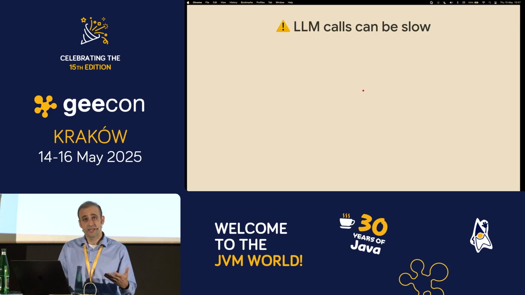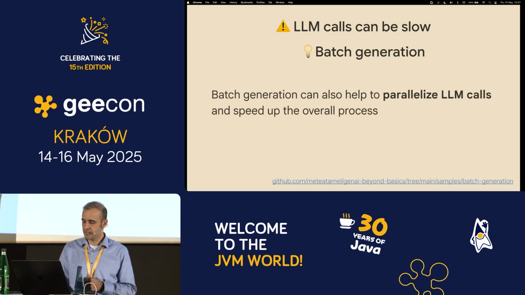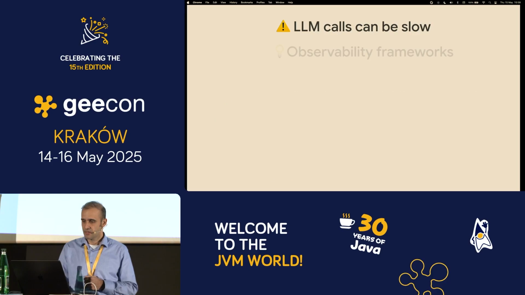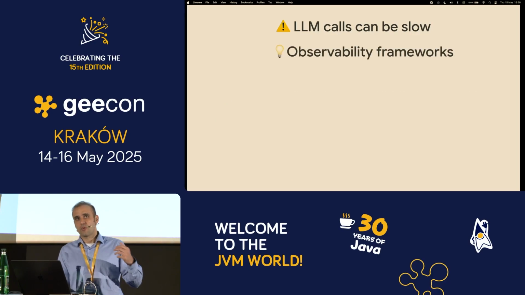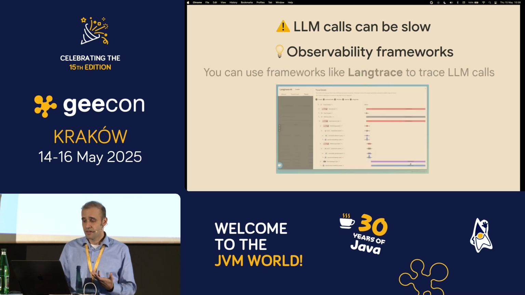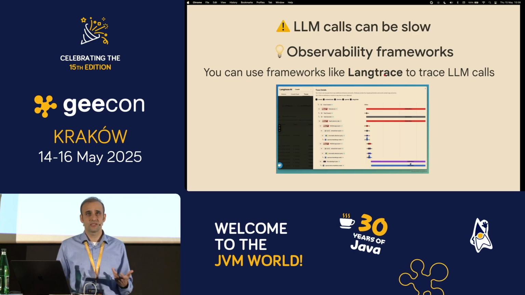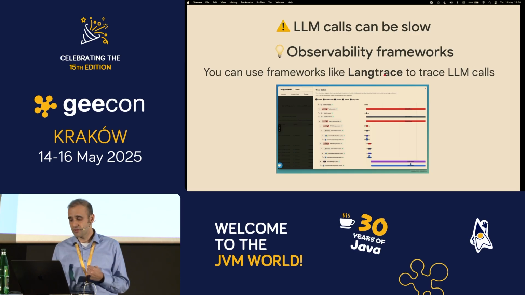LLM calls can be slow, I said, and batch generation helps with that because you can parallelize them. We covered this already, so I can skip this. If LLM calls are slow, you probably need some kind of observability framework to look at why it's slow. There are a few different ones, but the one that I use is called LangTrace. It's basically like OpenTelemetry, but for LLM calls.